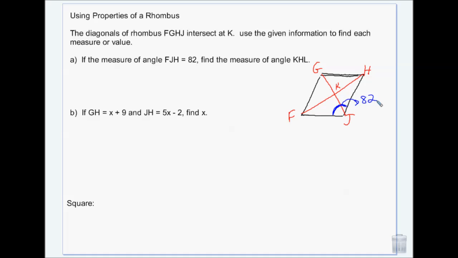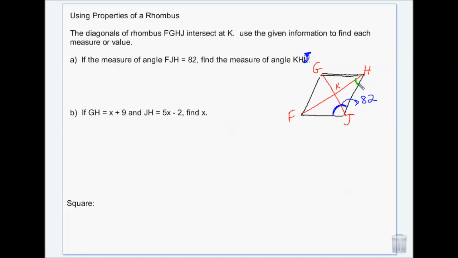And I want to find the measure of angle KHJ. So I'm looking for this angle right here.